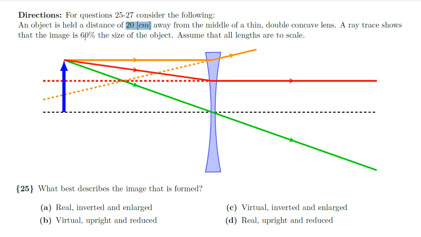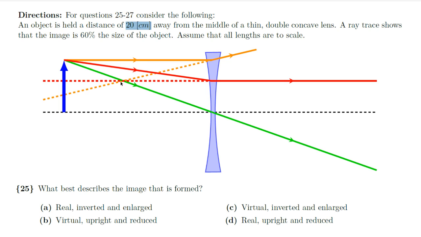Now, from this ray trace, you should already be able to see that the image forms right here where all the rays cross. However, you do notice that some of the rays are not technically there. They appear to trace back to there, which means that this image has to be virtual.